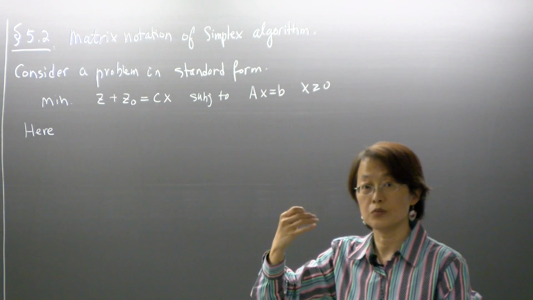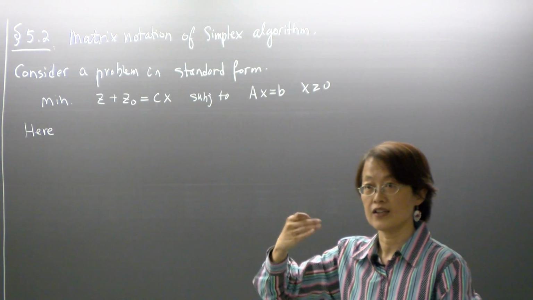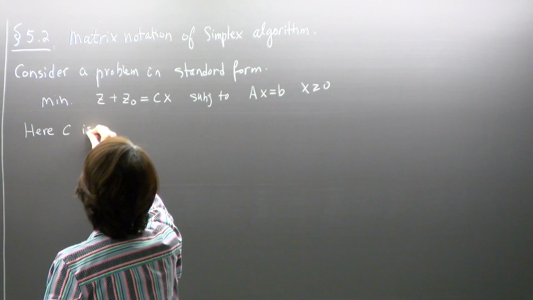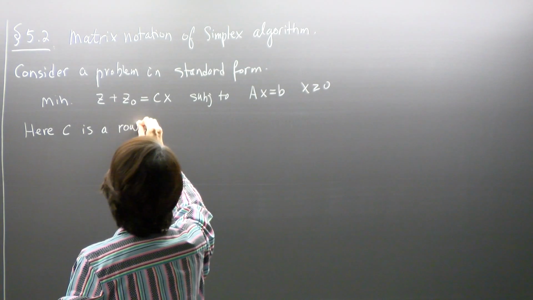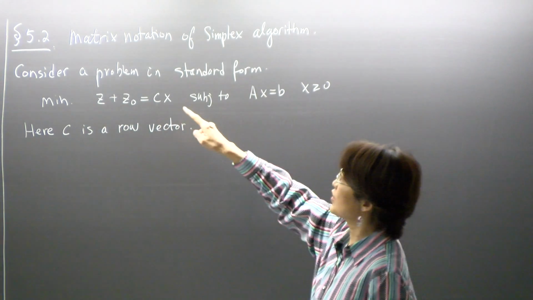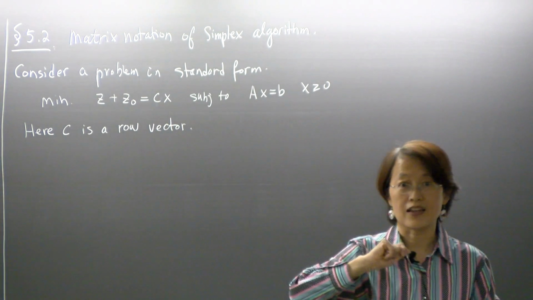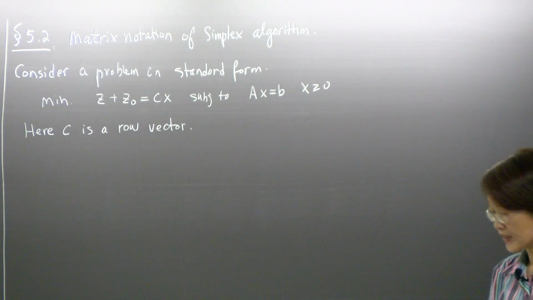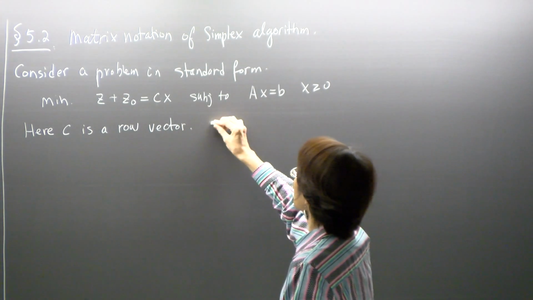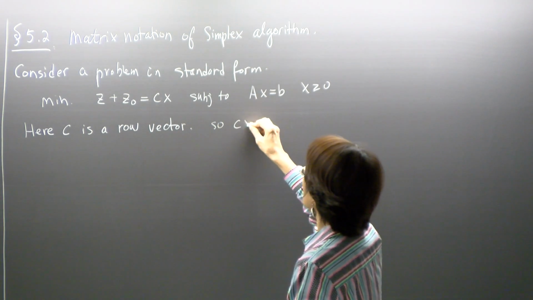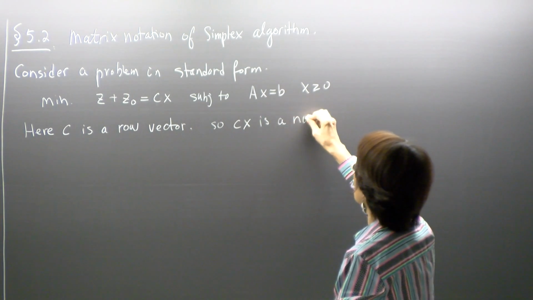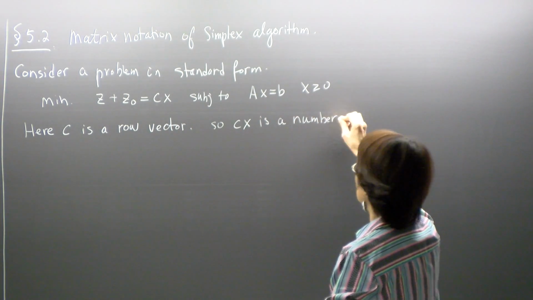So I'm going to define a row vector for C. Is that okay? So it's a horizontal one. So here, C is a row vector. Okay, if it's a column vector, then you have to write C dot x, right? Okay. So here C is a row vector, and x is a column, and so you know a row vector multiplied by a column vector in the end is a number. Okay?